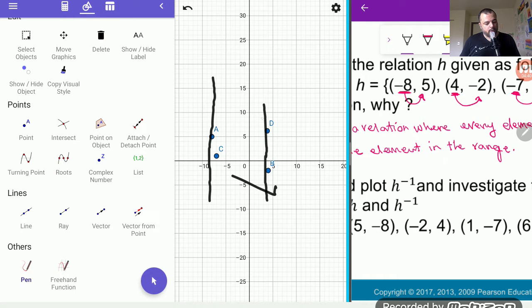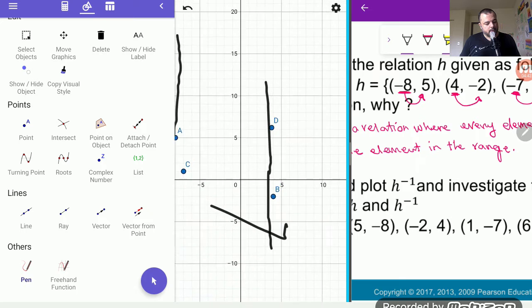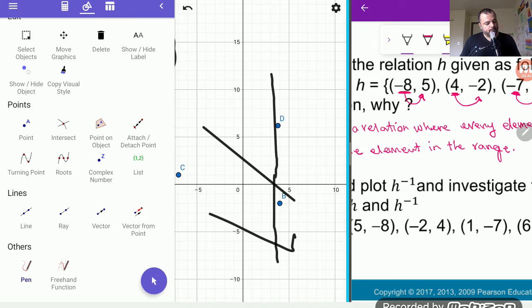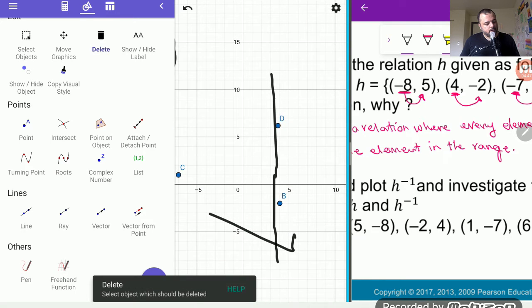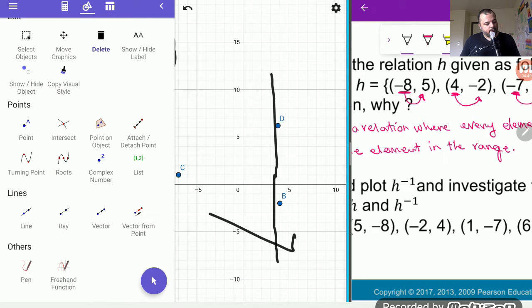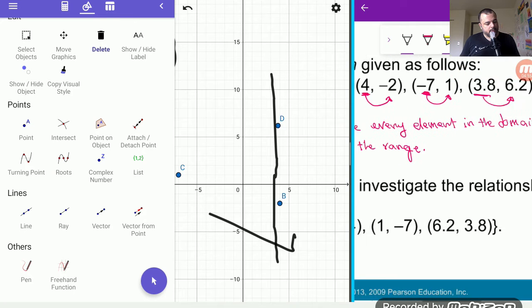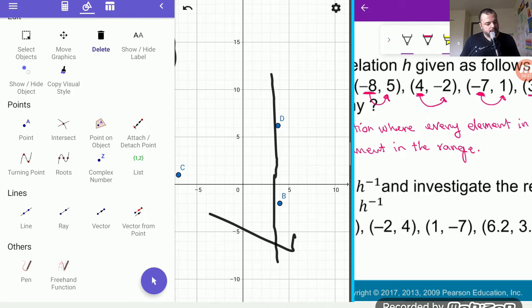These are different points, remember. Here is 4, and the other point is 3.8. They are not equal, remember.